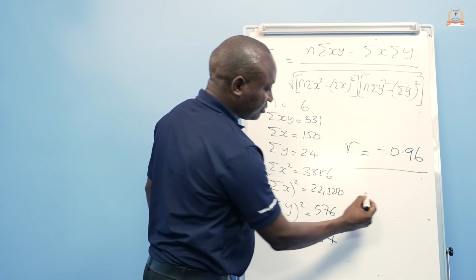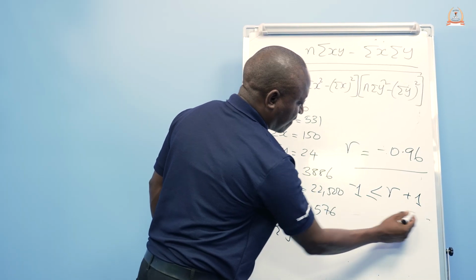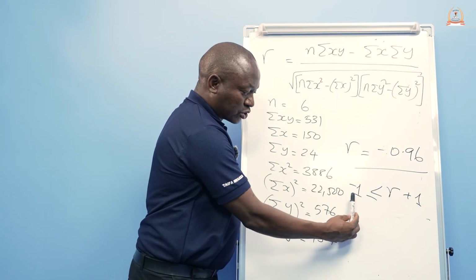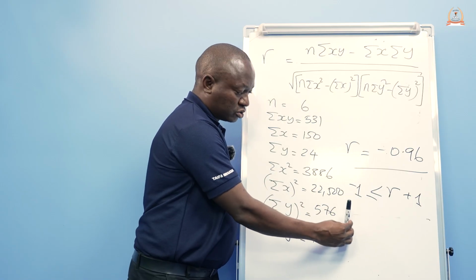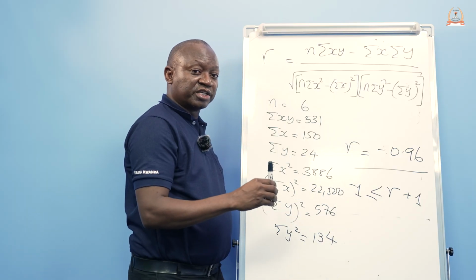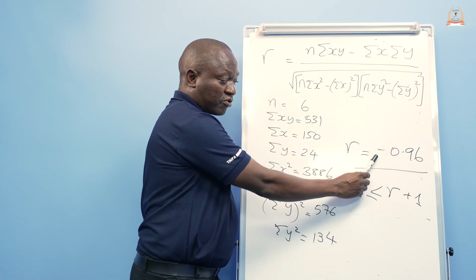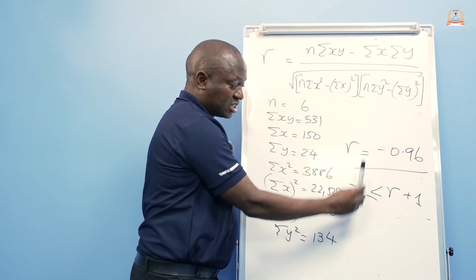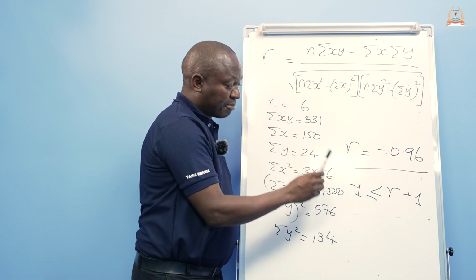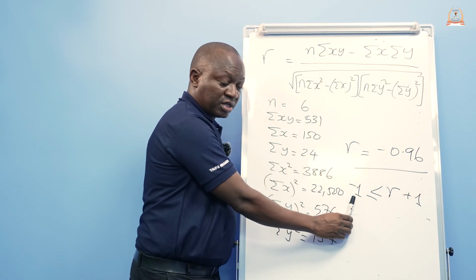You remember the value of R ranges between minus 1 and positive 1. And we said the closer you go to either negative 1 or positive 1, the stronger the relationship becomes. But now your value of R here is minus 0.96, which means, first of all, it is a negative relationship, but also strong because it is very close to minus 1.